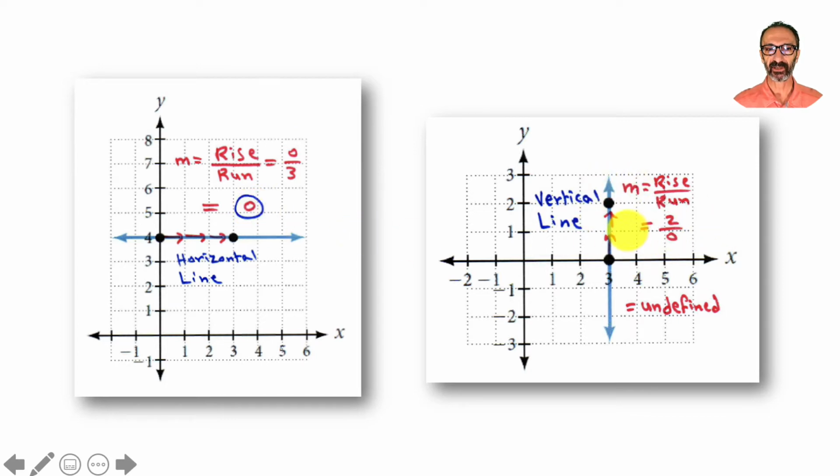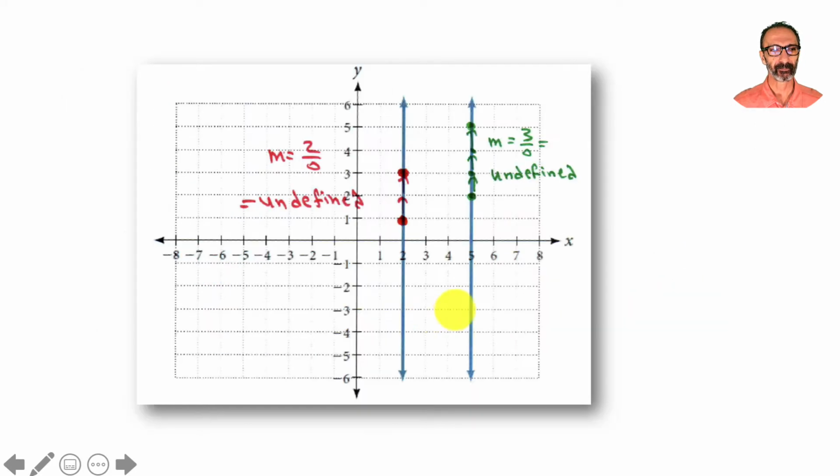For a vertical line, you're going up 2, but you're not going right or left, so the run is 0. 2 over 0 is undefined. Rise is 2, run is 0, undefined. 3 over 0, undefined. Those are more examples.